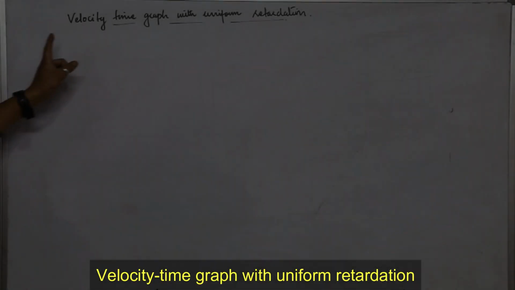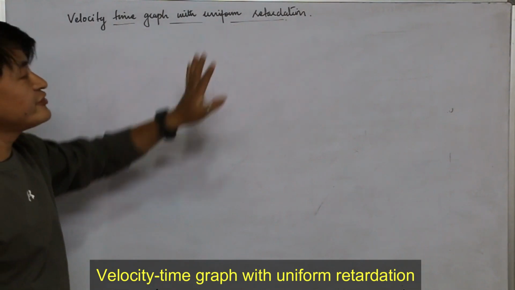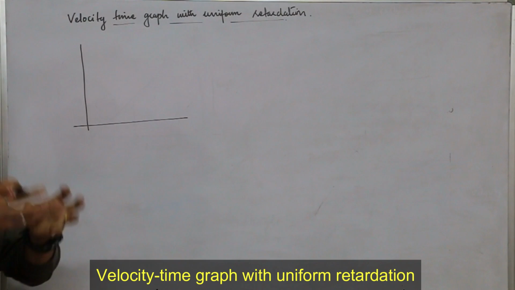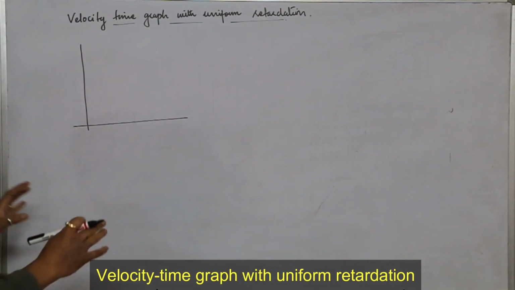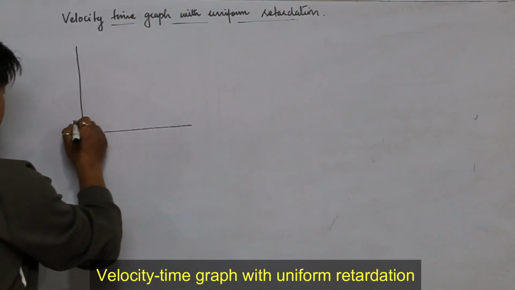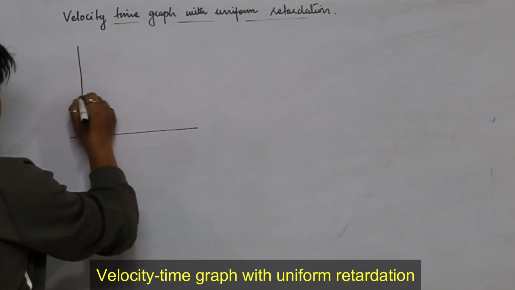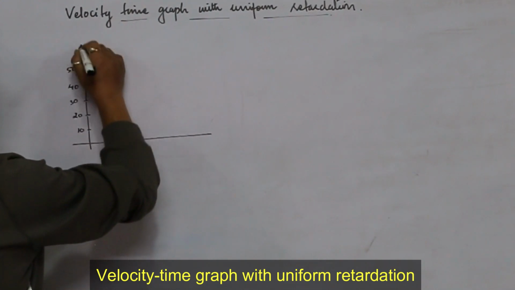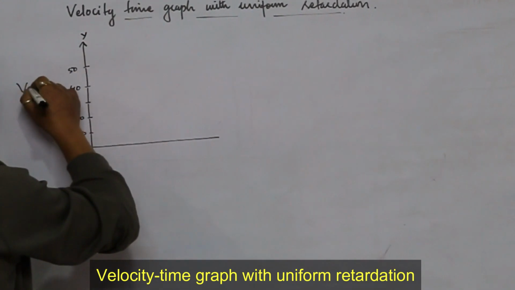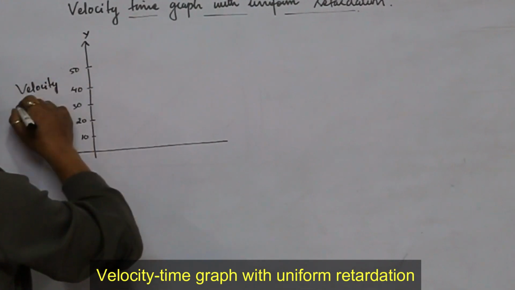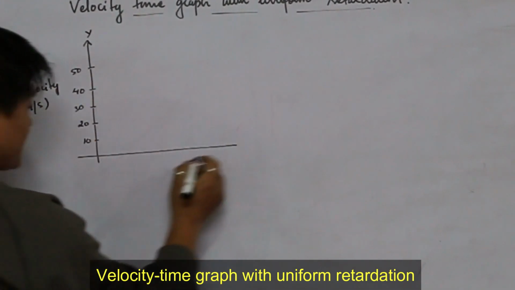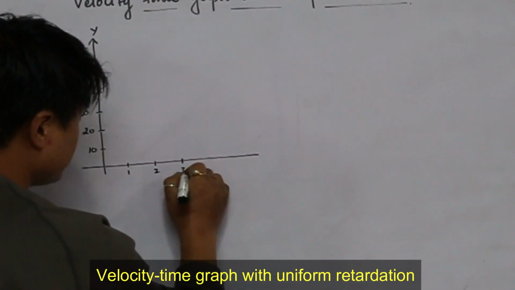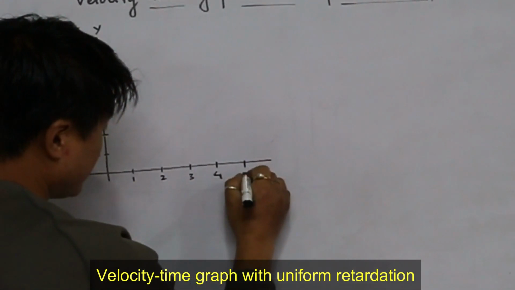The next is the velocity time graph with uniform retardation. Velocity will be decreasing by an equal amount in each interval of time. This is 10, 20, 30, 40, 50, and this is the y-axis, which is the velocity in meter per second, and time 1 second, 2 seconds, 3 seconds, 4 seconds, and 5 seconds.